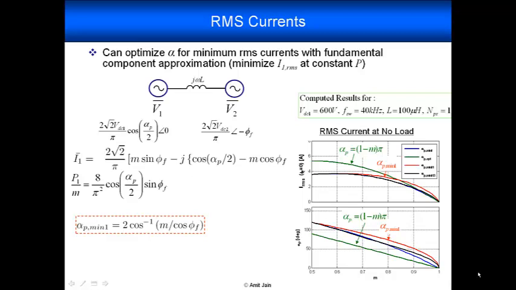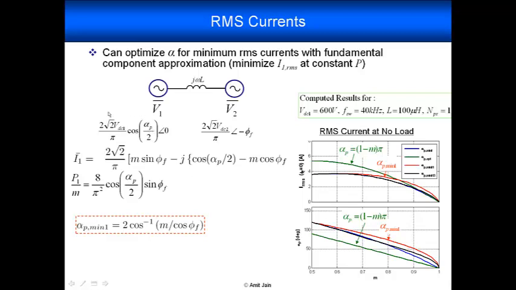The increased ZVS range is not the only benefit we get by introducing PWM. So how do we choose the PWM duty ratio in order to minimize RMS currents? We can go back to our 2-bus system where the voltages on the AC bus are fundamental components of the square waves we are applying on the two sides of the transformer.